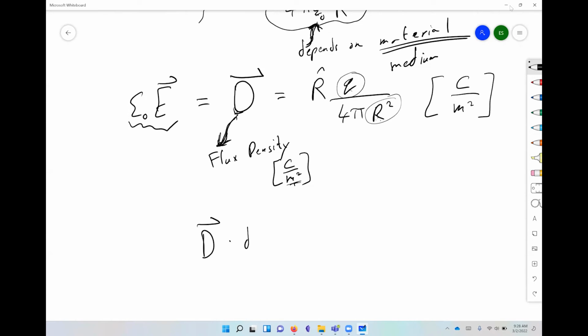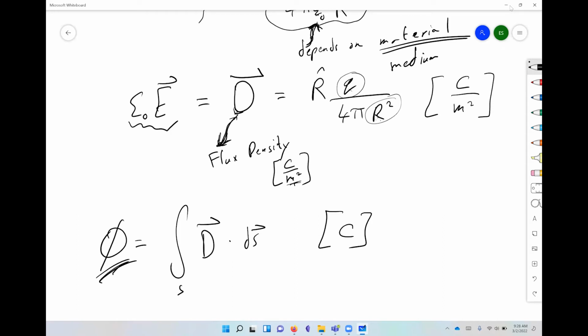If I take D and integrate it over a surface S, I get something called the flux, which has units of Coulomb. That's why we call D the density. It has units of Coulomb per meter squared, something distributed over meter squared. When we integrate it, we get the total, analogous to flow, which is the total flux. We call this the flux.